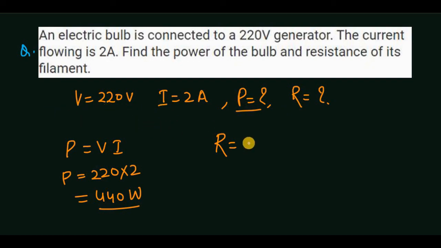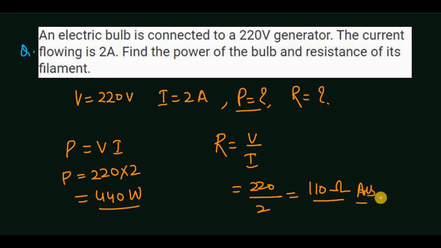By using Ohm's law, we can find the value of R. R equals V over I, 220 upon 2, and you will get 110 ohm, the answer. Okay, this is how we can solve this question. Now come to the next.